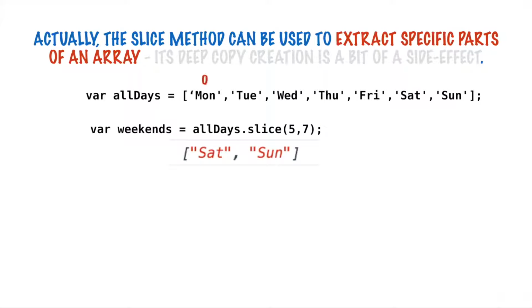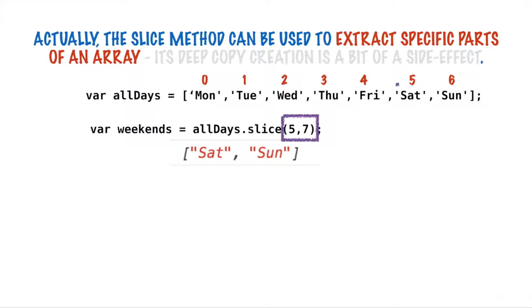So in this particular array, Monday is at the 0th index, Tuesday is at index 1, Wednesday is at index 2, and so on. Thursday is 3, Friday is 4, Saturday is 5, and Sunday is 6. Of these, we want to slice from index 5 up till index 7.